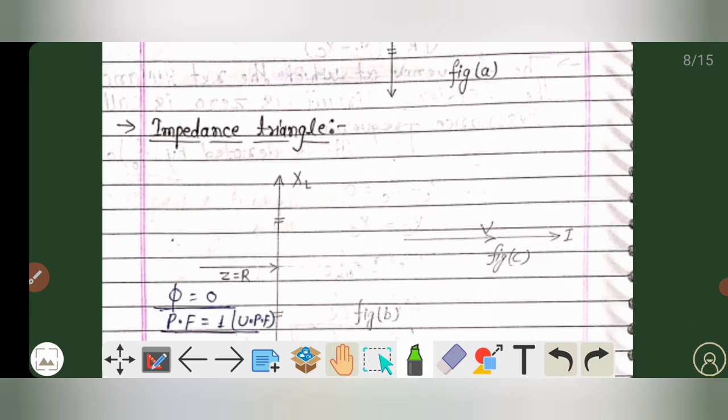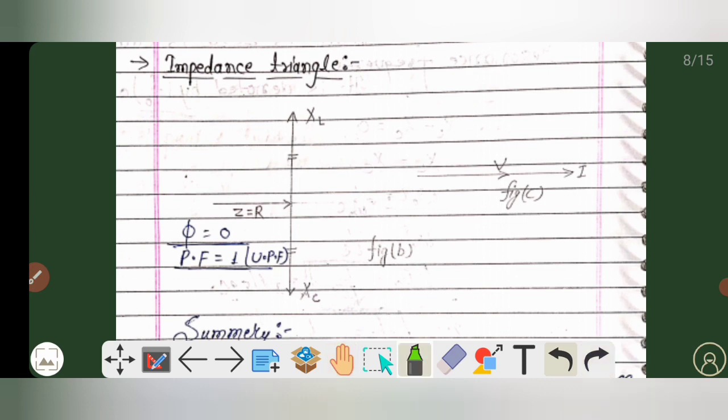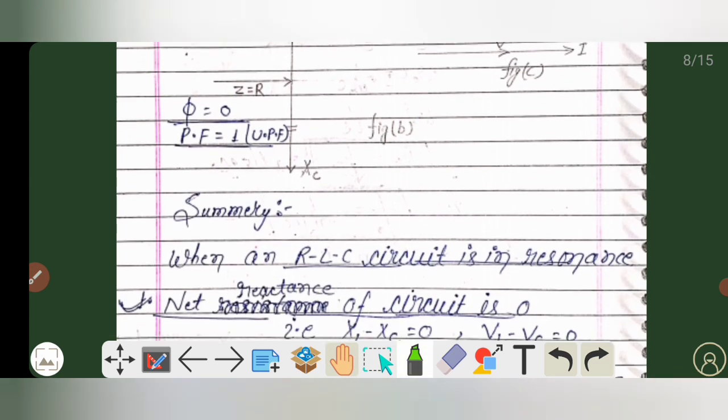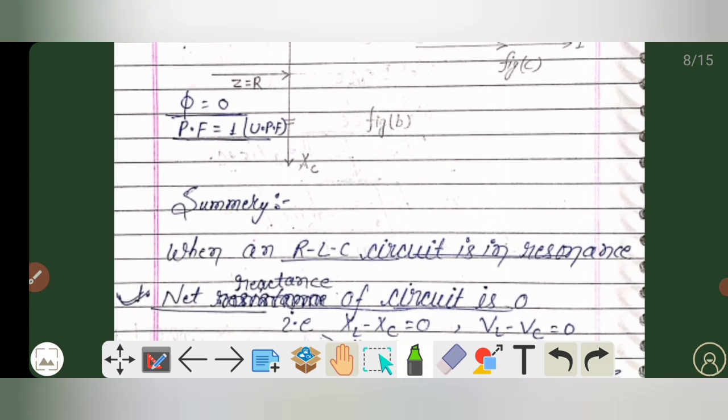And if you want to draw the impedance triangle, this will be our impedance triangle. From this triangle also we can conclude that in case of series resonance, our circuit will be purely resistive, and the power factor will come out to be unity power factor, that is 1.